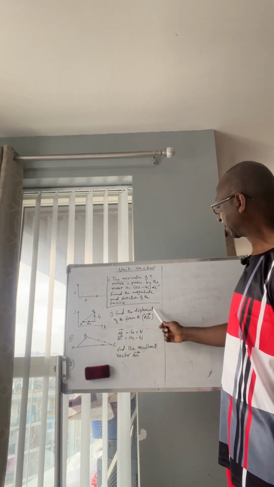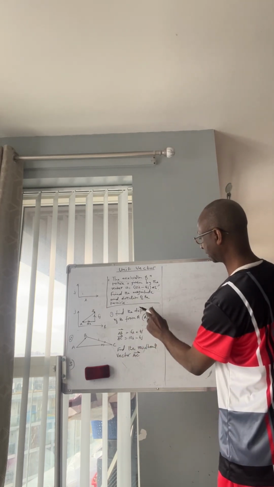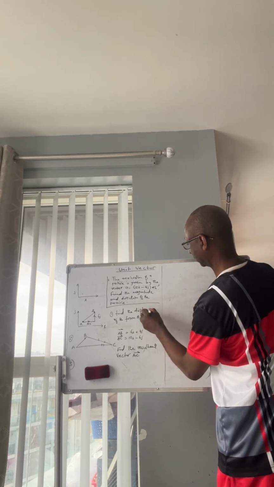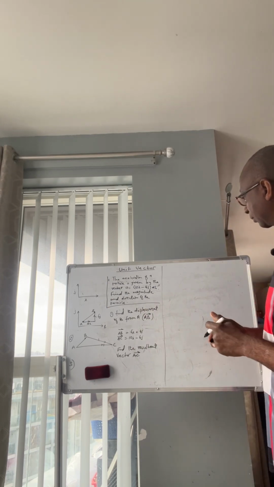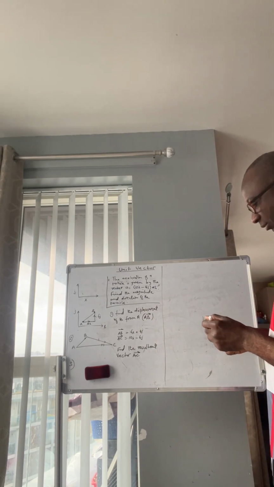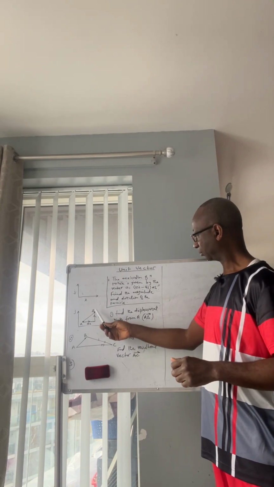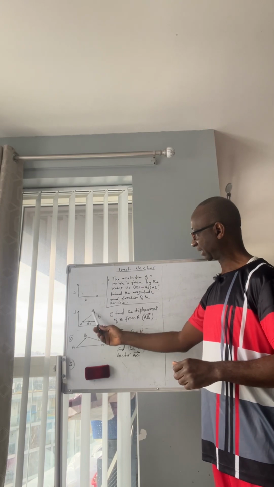And you're asked to find the displacement, D-I-S-P-L-A-C-E-M-E-N-T. Displacement of B from A, that is B from A means AB. You want to find this length here, AB.